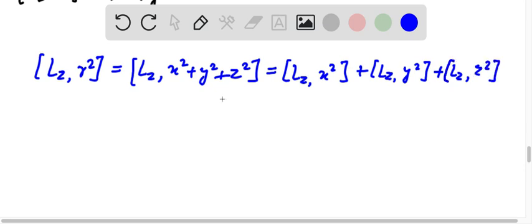First we calculate Lz with x square, which is Lz with xx.